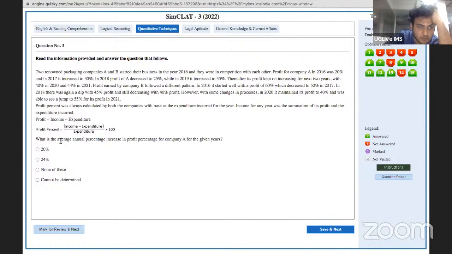What is the average annual percentage increase in profit percentage for company A for given years?